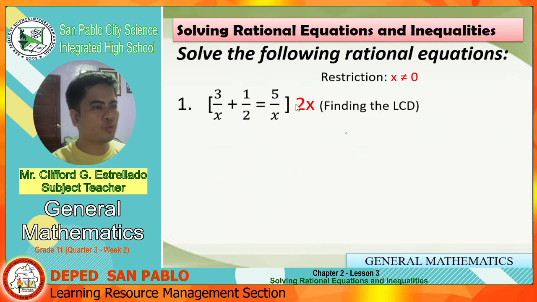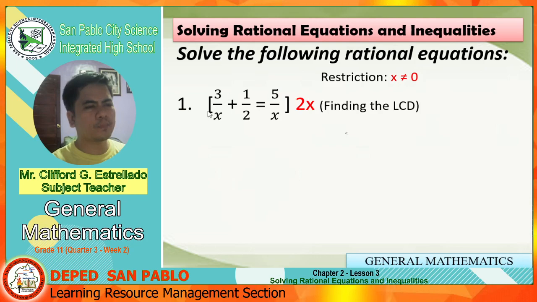Okay? Next is to find the LCD, and our LCD of 2 and x is 2x. So multiply both sides of the equation by our LCD, which is 2x. So 2x divided by x is 2 times 3, so we have 6. 2x divided by 2 is x times 1, so we have x. And 2x divided by x is 2 times 5, we have 10.